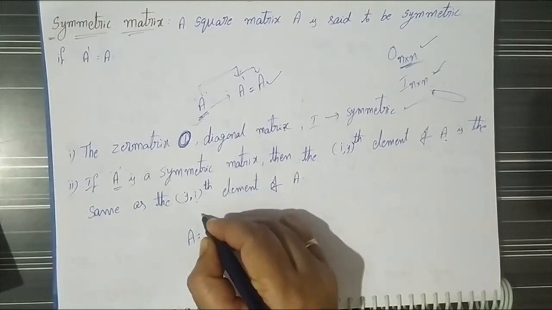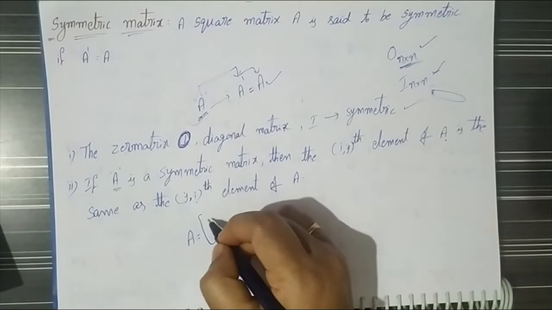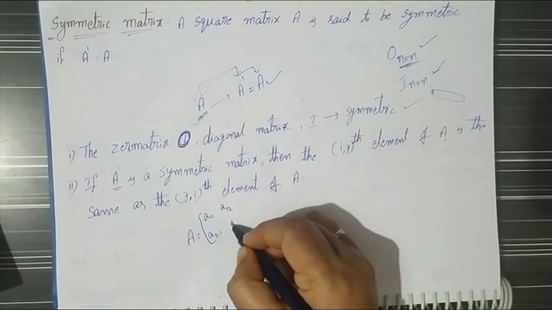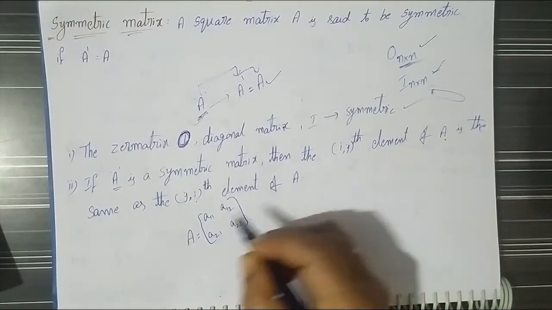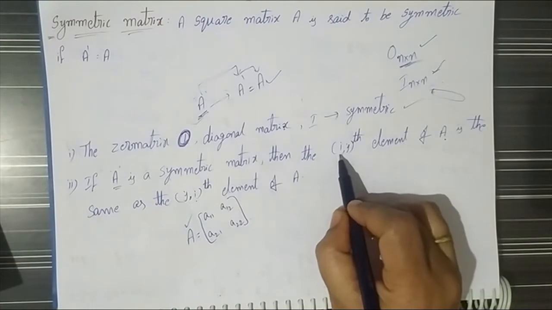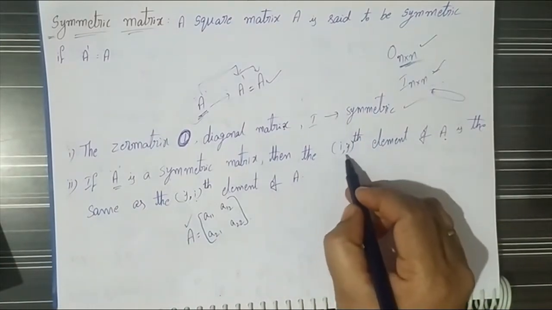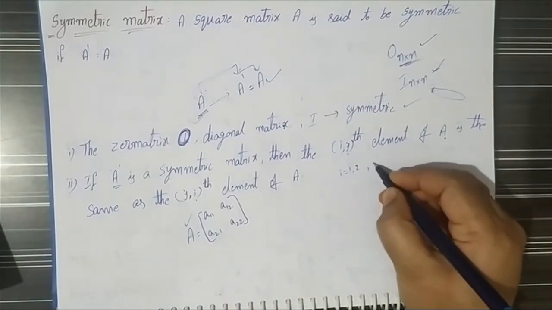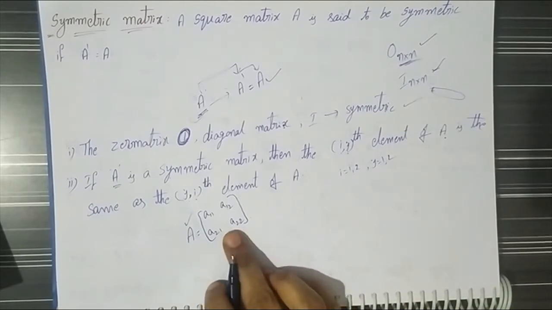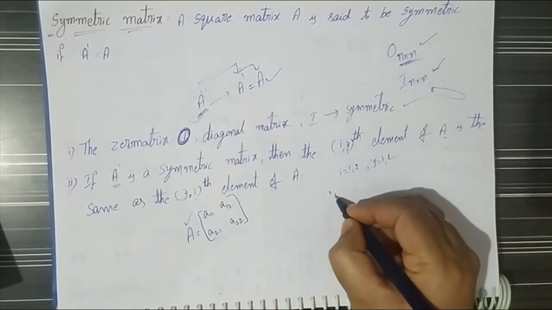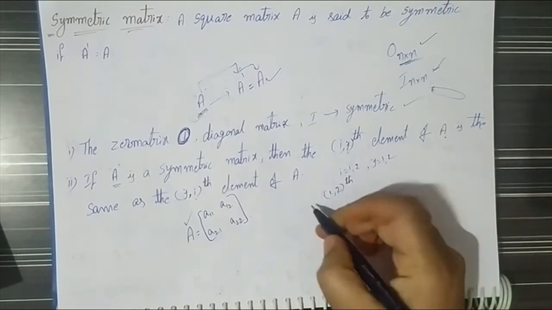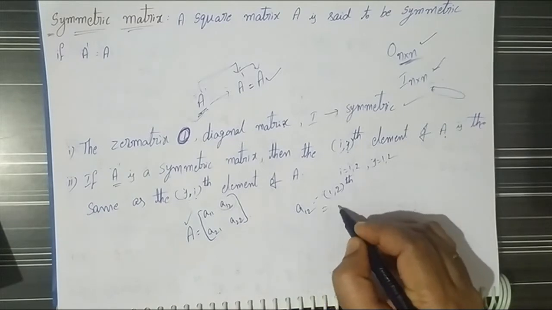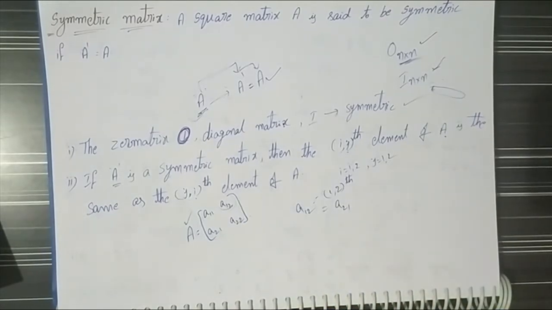Let A equal to A11, A12, A21, A22. If A is symmetric, then for i equal to 1, j equal to 2, the element A12 is equal to the element A21.